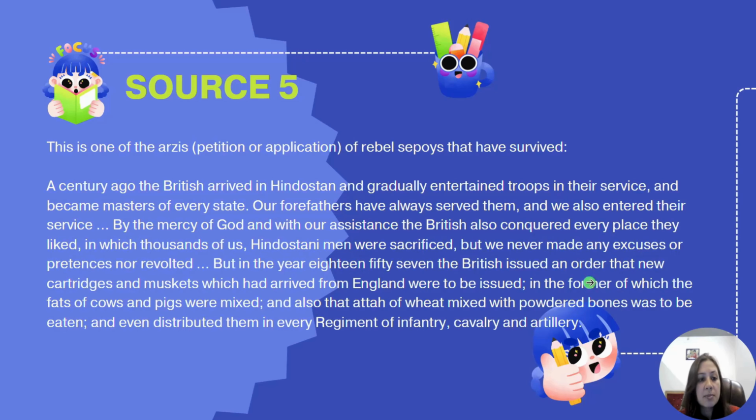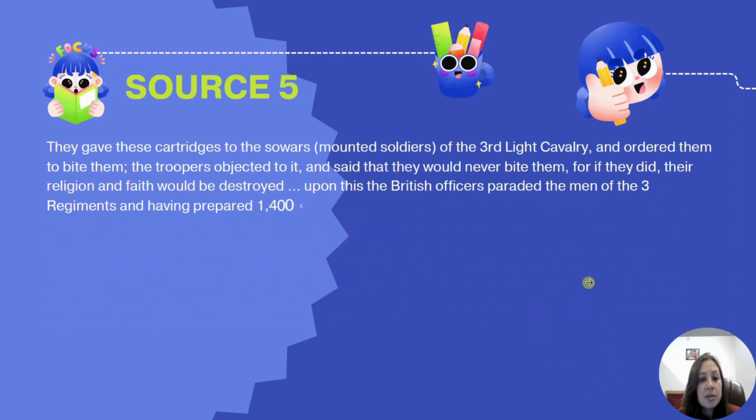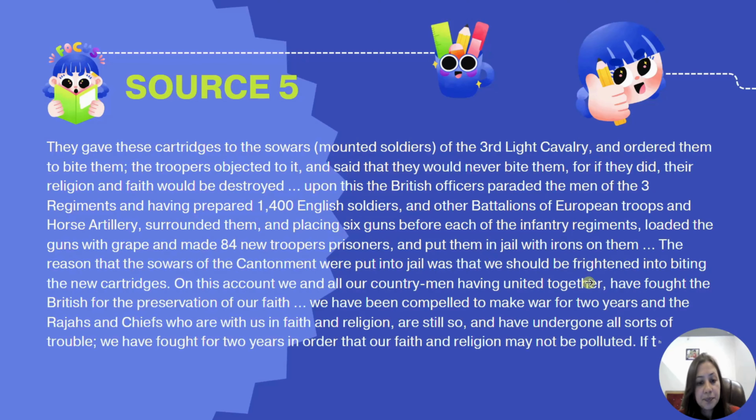Now moving on to source number 5. This is one of the arzis, that is, a petition or application of rebel sepoys that have survived. So you can read and find out what type of comparison is drawn: what India was before the arrival of the Britishers and what India had become. Moving on to the questions. Okay, we are continuing with the source.